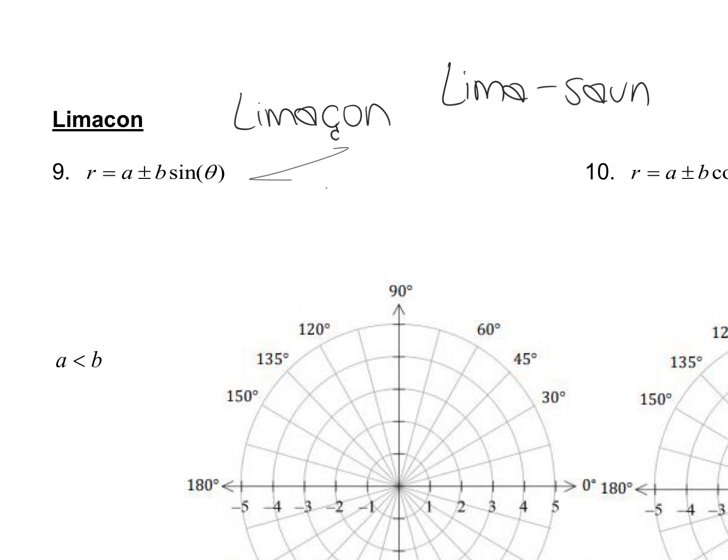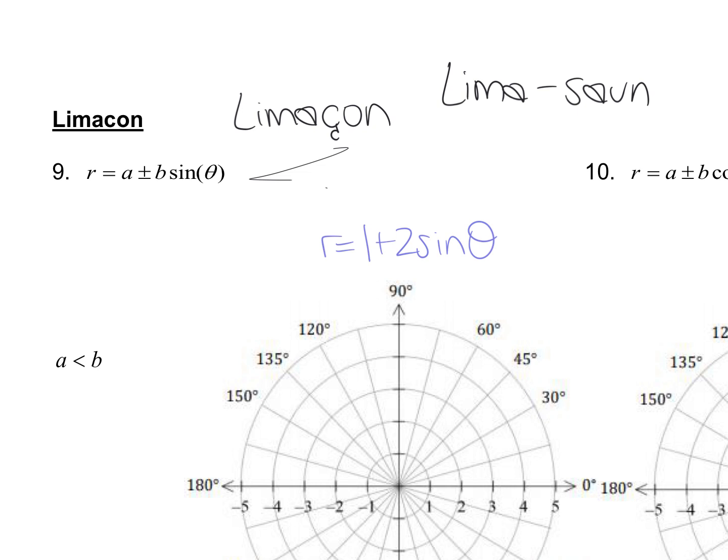So sine is still going to tell me that this is going to be centered on the y-axis versus the x-axis for these ones. So that will help us. The differences in these different versions are going to be the difference between A and B. So in question 9, our example is going to be r equals 1 plus 2 sine theta.